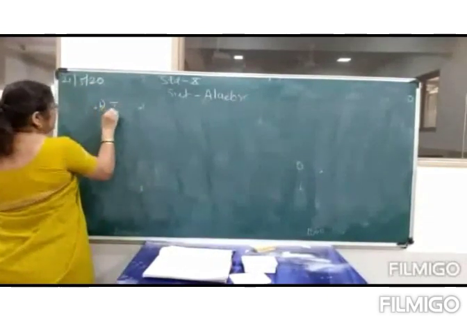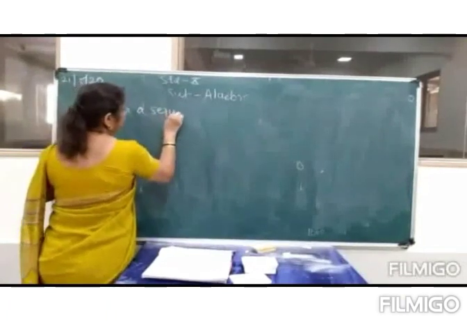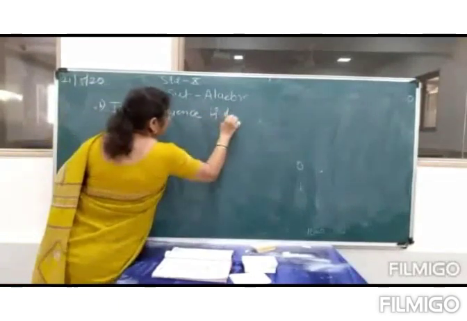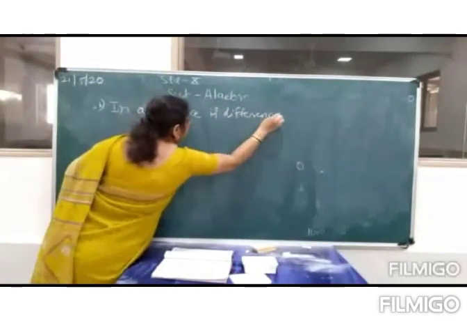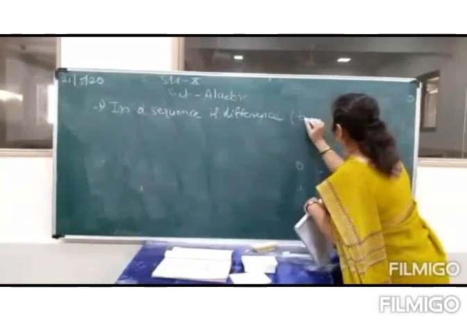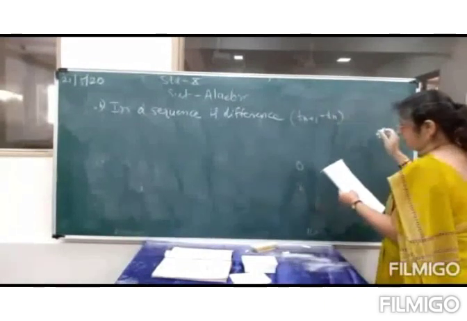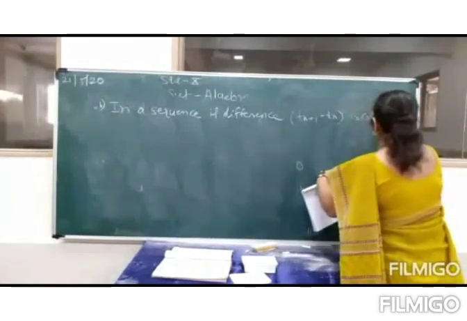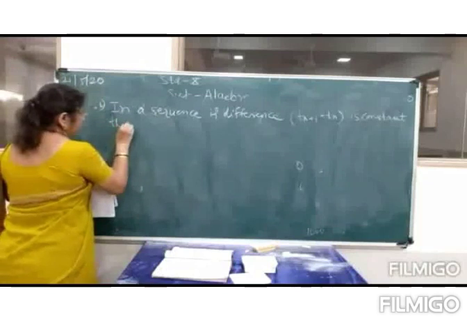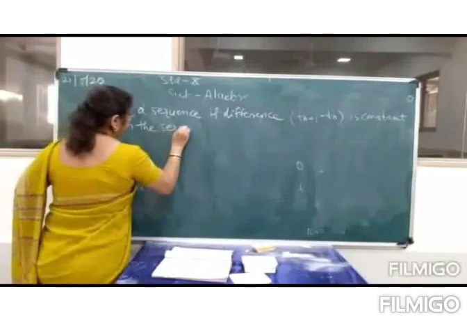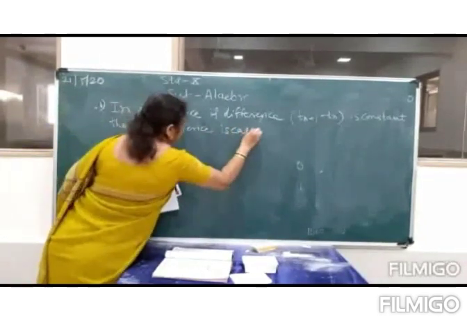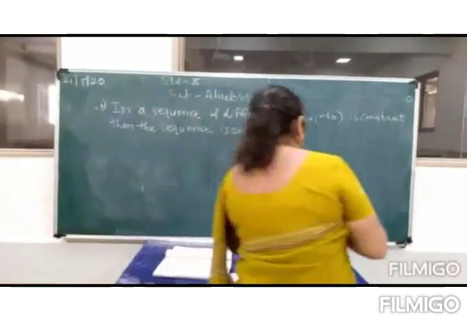In a sequence, let's remember, in a sequence, if the difference Tn plus 1 minus Tn is constant, then the sequence is called an arithmetic progression.